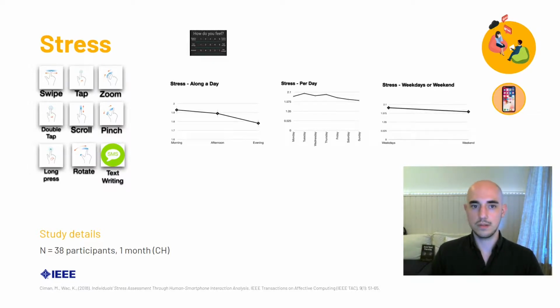We could also see how the stress was going from morning to evening, the stress per day. As you can imagine, people are less stressed on the weekend, and the stress along the day gets lower as the hours pass.